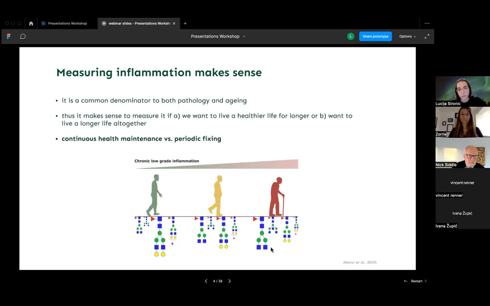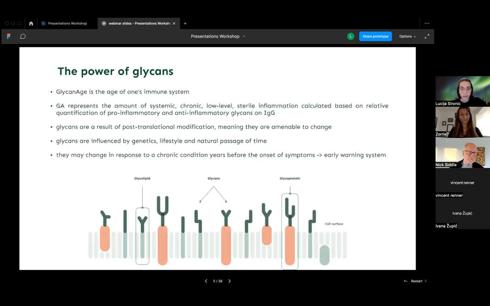We want to provide our clients and customers with enough information to know if their GlycanAge result is because of higher levels of inflammation, and if that is the case, then we know we have to do something about it.